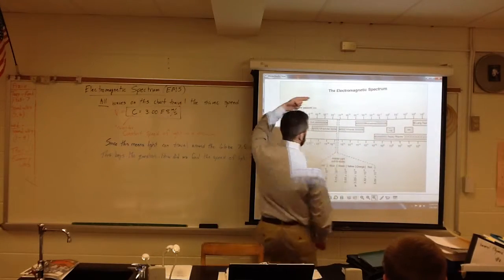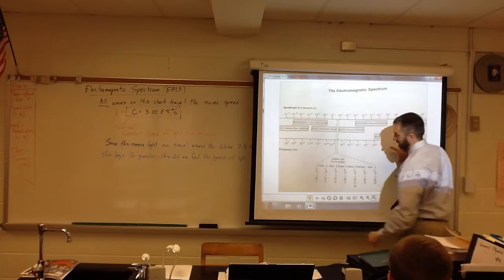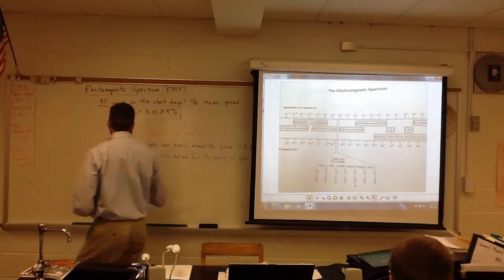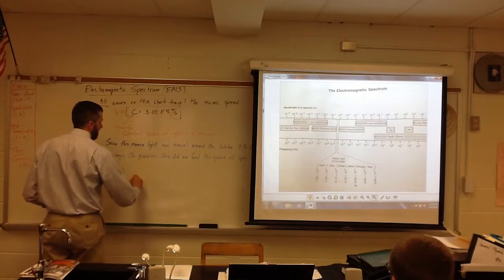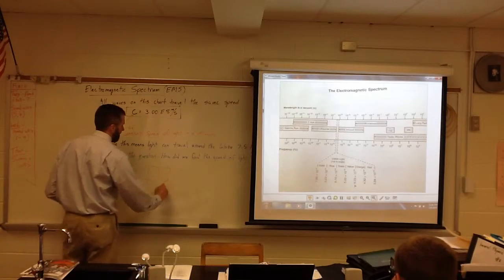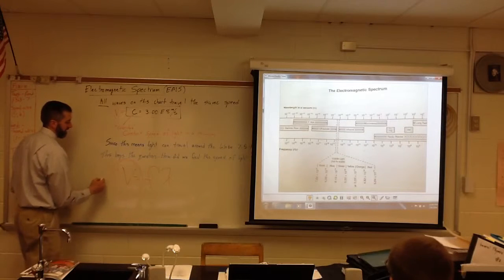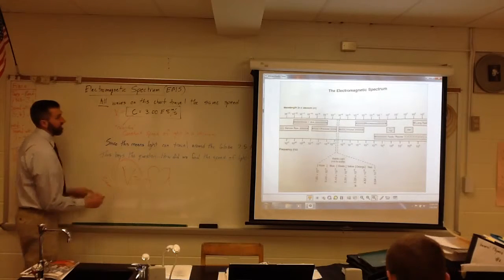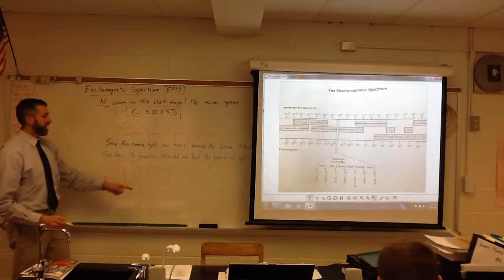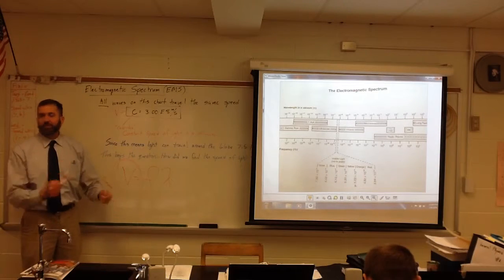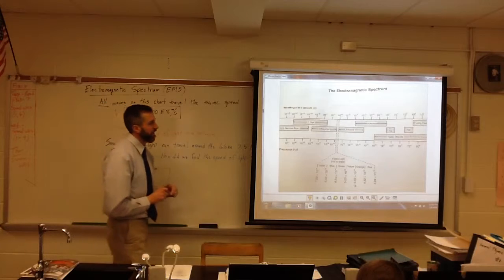So the wavelength is getting bigger going this way, the frequency is getting bigger going this way, which should kind of make sense, because if you remember, v equals f lambda. If this number is always the same, and it's 3E8, then as this one gets big, that one's got to get small. They work in opposition to each other. Okay?